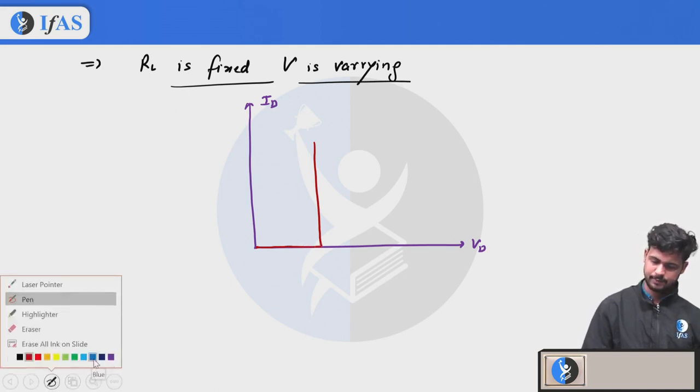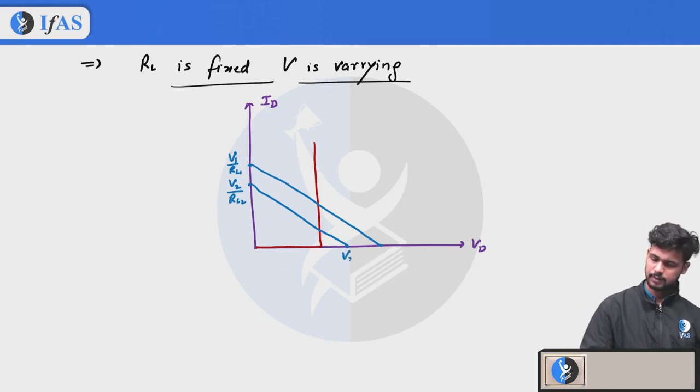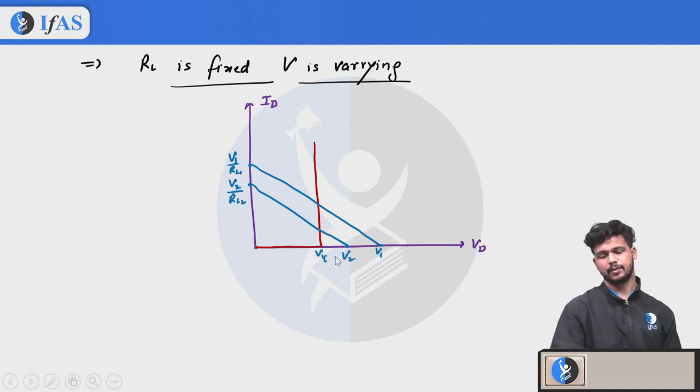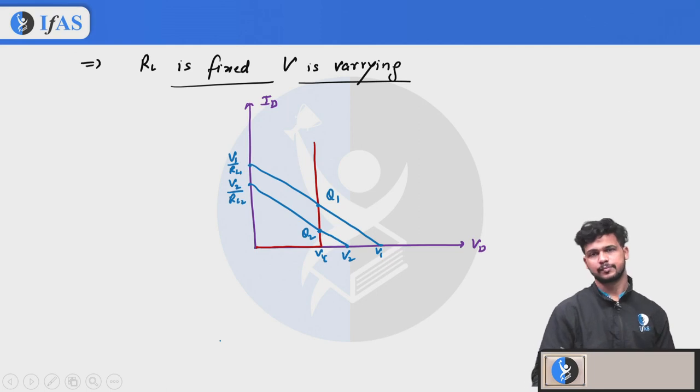And here V1 by RL1, V2 by RL2, here this is V2, this is V1, and this is the V new voltage, and this is the Q1 and this is Q2.